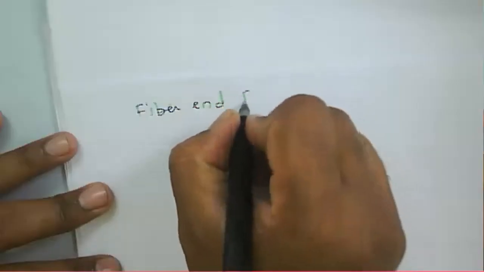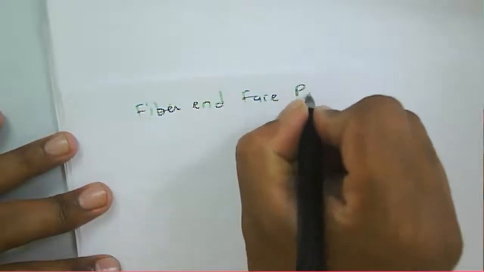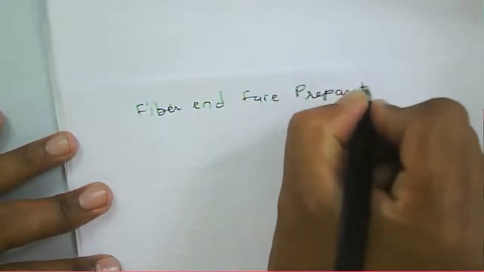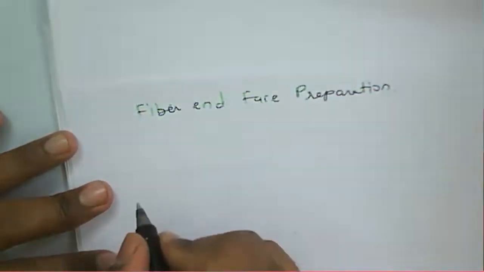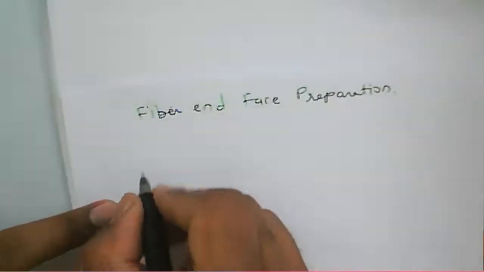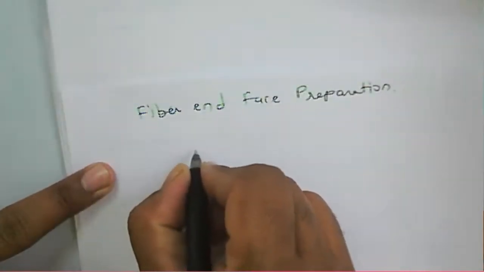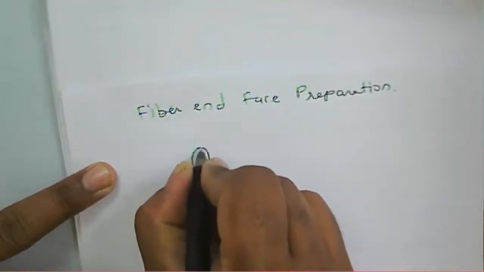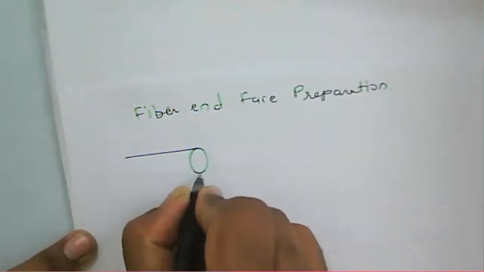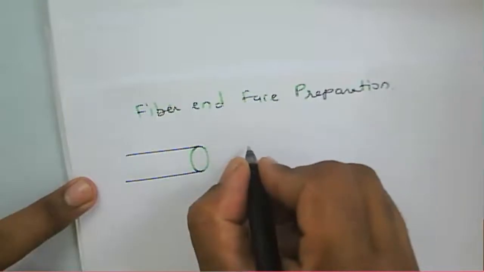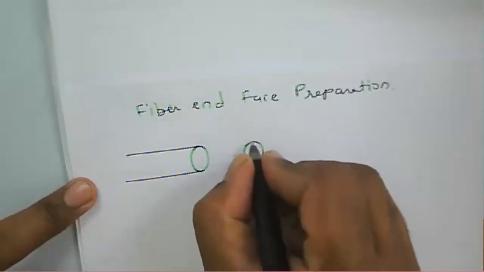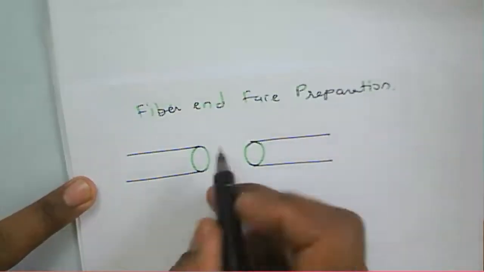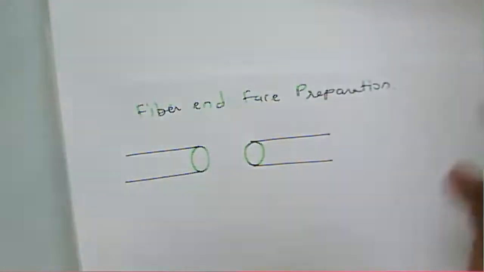So fiber end face preparation is necessary. Here is one end of a fiber, and here is the other end of a fiber. Now consider that the core and cladding are the same, constant.